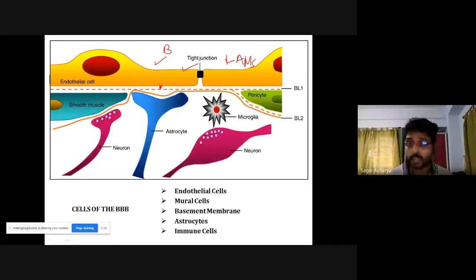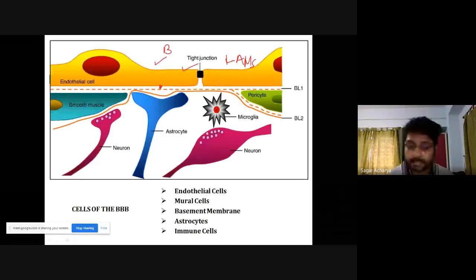So in a healthy brain, there are no macrophages, no lymphocytes infiltrating, or neutrophils that do not come out of the blood and come into the brain itself.